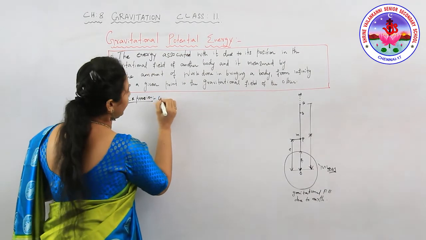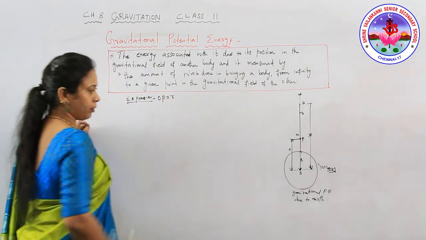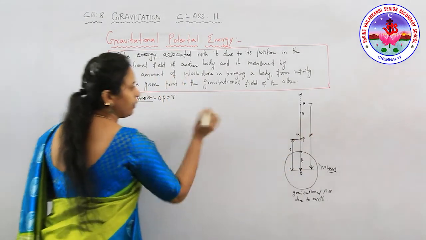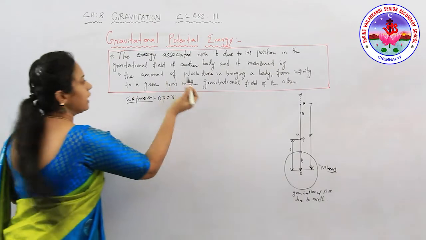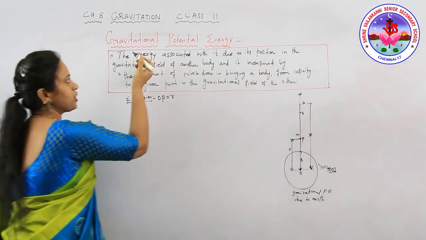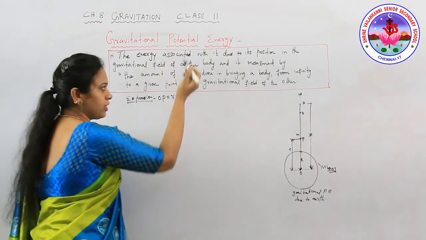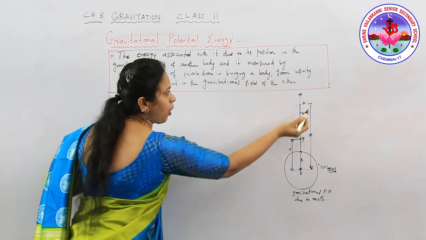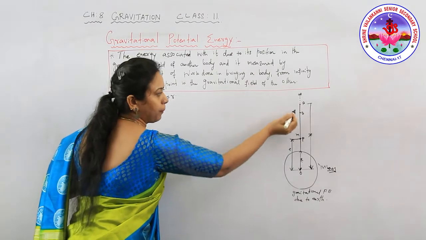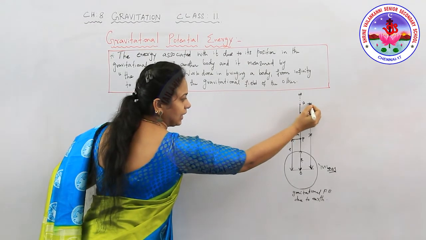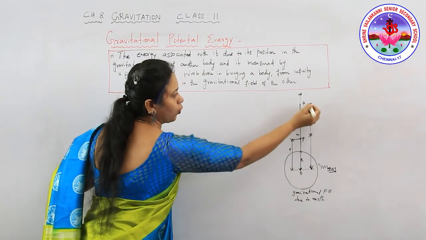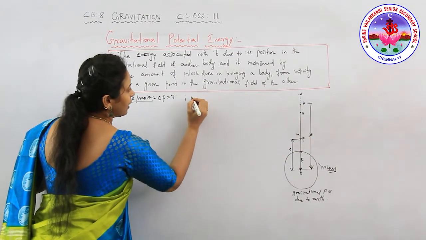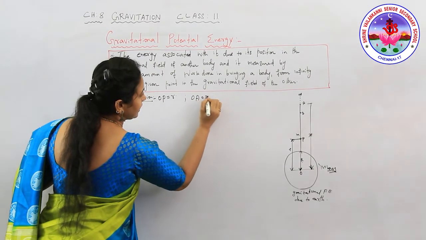Here we need to know the point A, because we measure the gravitational potential energy as the amount of work done in bringing the body from infinity to the particular point. So from the center of the earth O to A, we have taken OA as x.